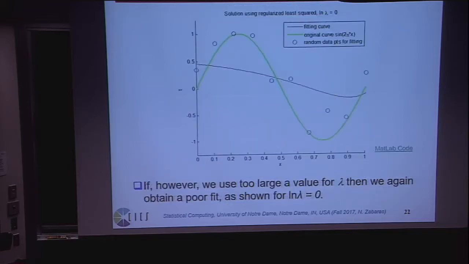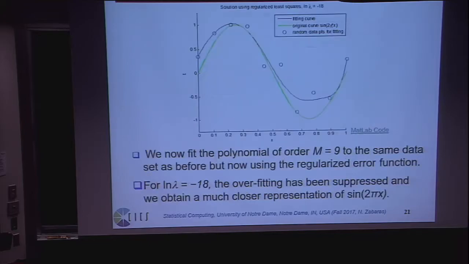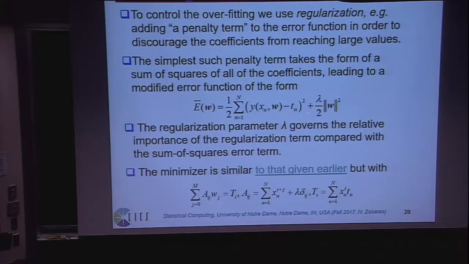Now, if your regularization parameter is huge, right? So this is like a minus infinity, then you're in trouble. And that makes sense, right? Because if you look at the regularization term, if lambda is huge, it will force all of the W's to be basically 0.